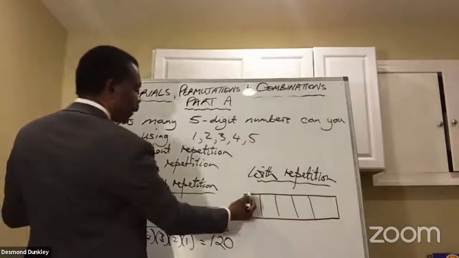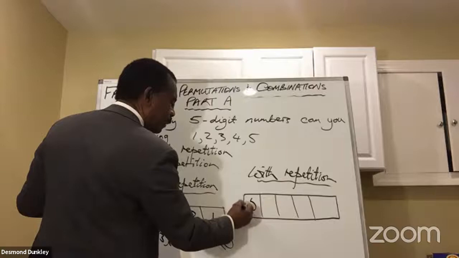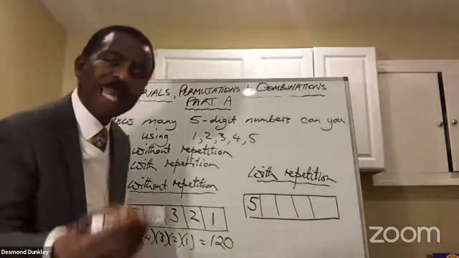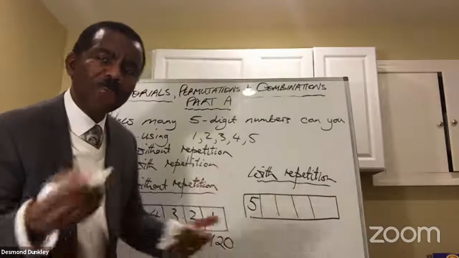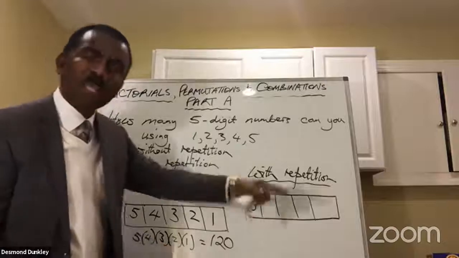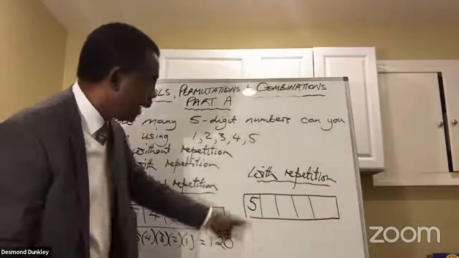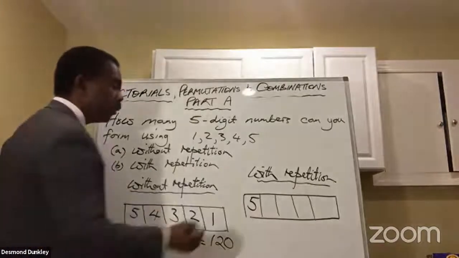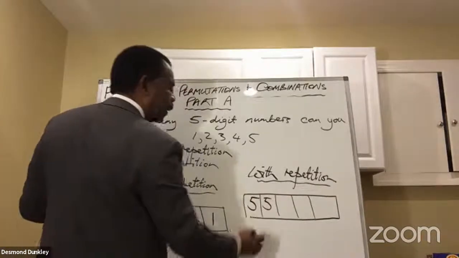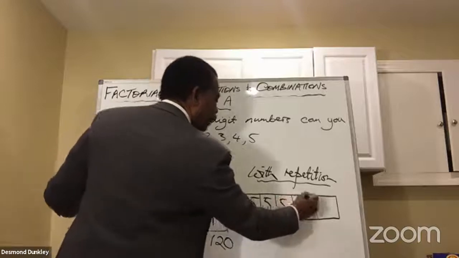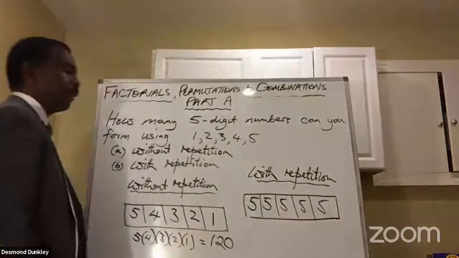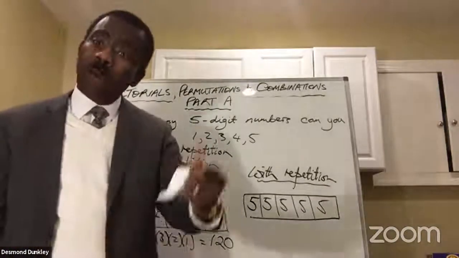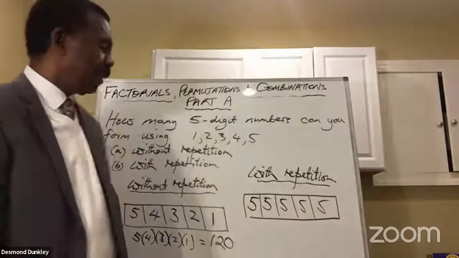So for the first spot, we have 5 choices. For the second spot, how many choices do we have? Well, it says with repetition, so whatever number you used here, you can still use it again. So you now have 5 spots again, 5 spots again, 5 spots again, 5 spots again. That's what you get if you are allowed to repeat digits.